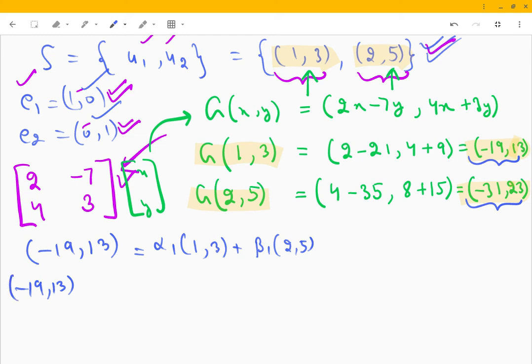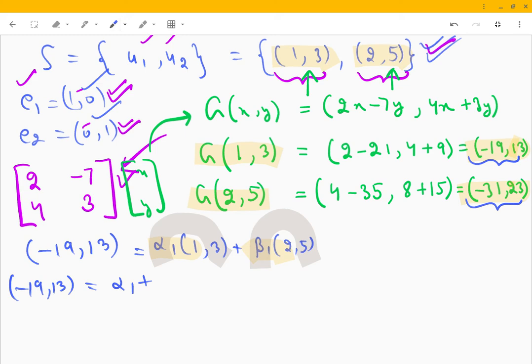Okay, so this gives us alpha 1 plus, now I'm multiplying this and adding x coordinates, then I'm multiplying this and adding y coordinates.